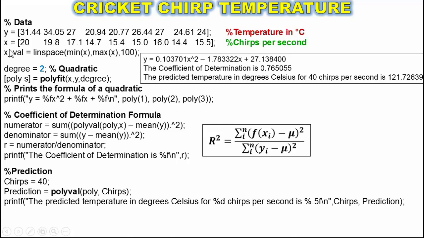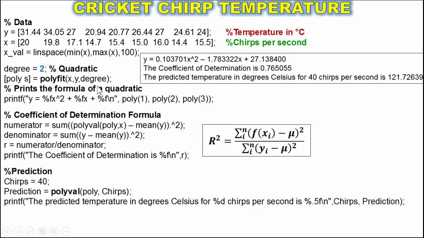The variable x is a matrix containing the measured actual chirps per second. Using the built-in function polyfit, we pass the arguments x, y, and degree of 2 to determine the quadratic computational model.